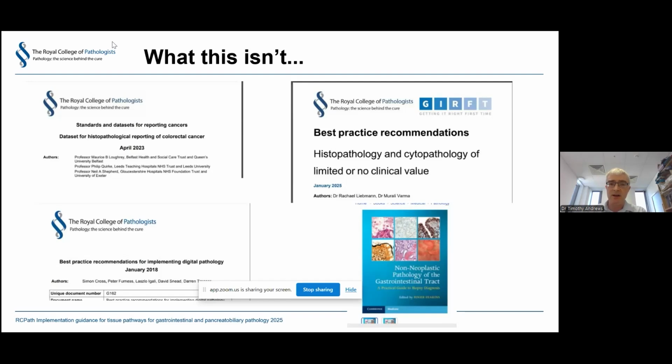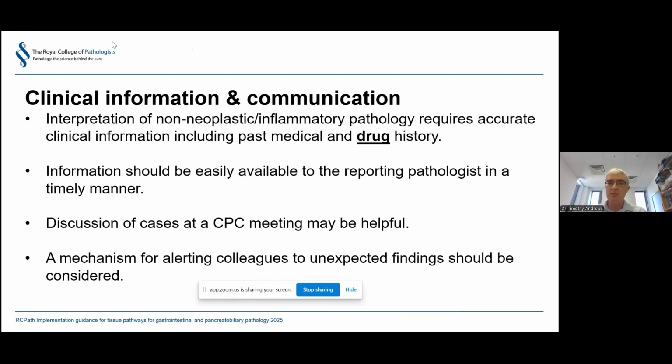For this presentation, I'm going to start with a couple of general comments and then move on to some selected areas which we felt are either areas where the guidance has changed or areas which are perhaps encountered as difficulties in day-to-day practice.